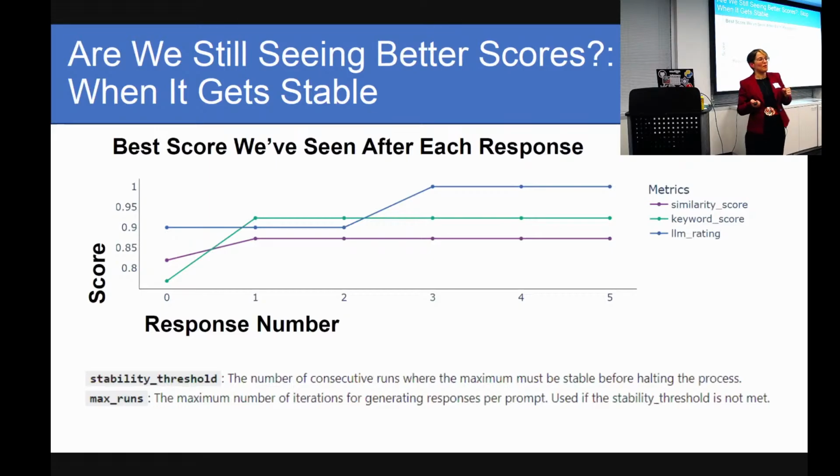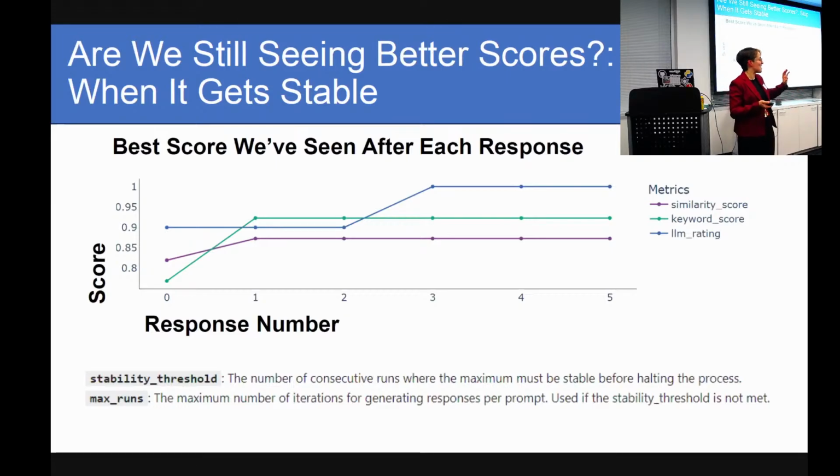What we're looking for here is stability. We want to stop after a certain number of periods where we're not getting better responses than we've already seen before. In Python we start with 0, so the graph should probably start with 1, but Python starts with 0.